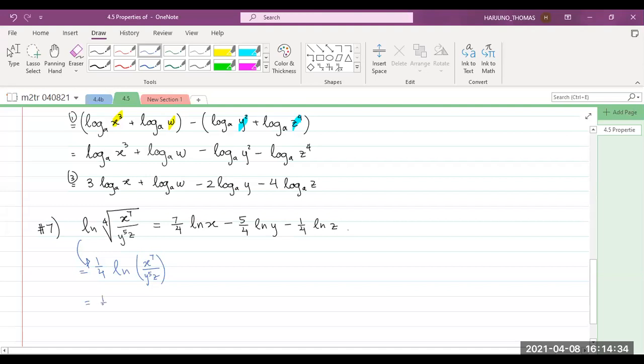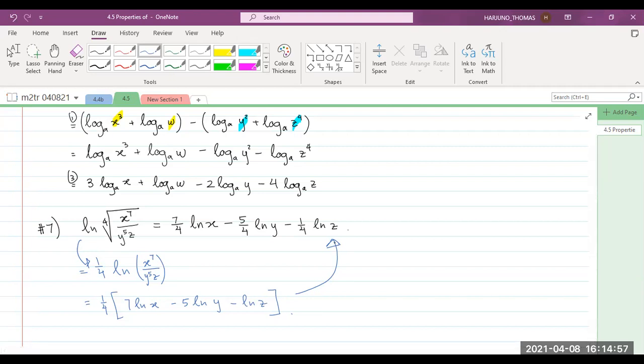That equals 1/4 of 7 natural log of x minus 5 natural log of y minus natural log of z. Then distribute that 1/4, and you'll get that answer. Thomas, in the test, do you mind if I show all the work instead of just doing it in one step? I don't mind. You can show all the steps, but don't blame me if you don't have enough time.